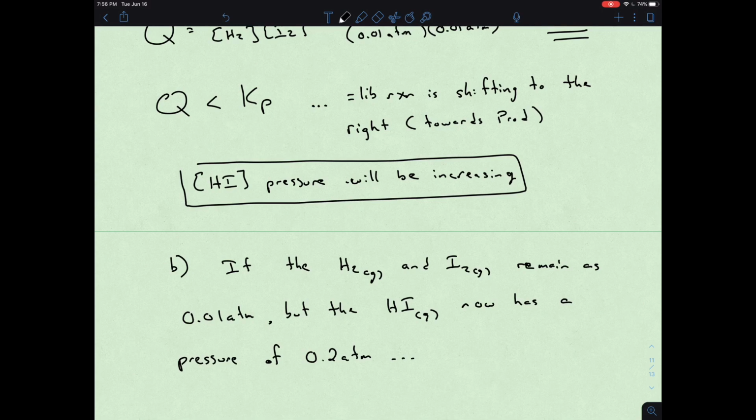Right? Again, which way is that equilibrium going to shift?